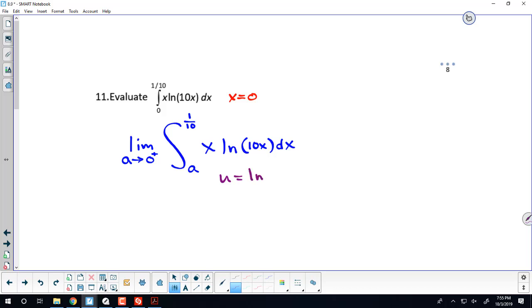Remember, let u equal ln, and we have to think about dv being the largest part of that integrand that we know how to compute the antiderivative of. Okay, so u and dv, that makes du 1 over 10x times 10, so 1 over x dx is that derivative. And then the antiderivative of dv to get v: the antiderivative of x is x squared over 2.